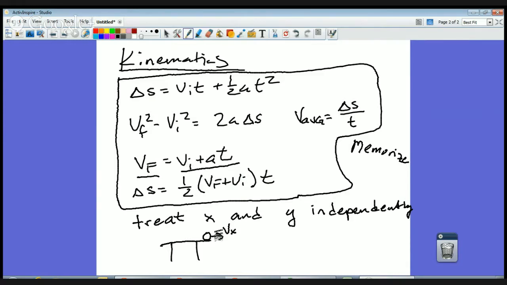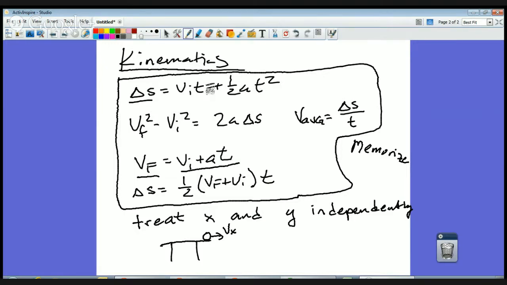Now in the y direction, the initial velocity is 0, and there is an acceleration, 9.8 or 10 meters per second squared. So you can find the final speed when it hits the ground, and you can find out how long it was in the air, and all sorts of stuff like that. To find how long it was in the air, we use this equation up here.